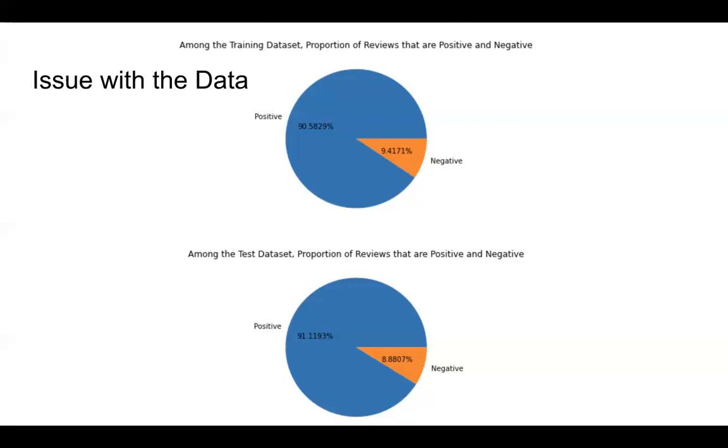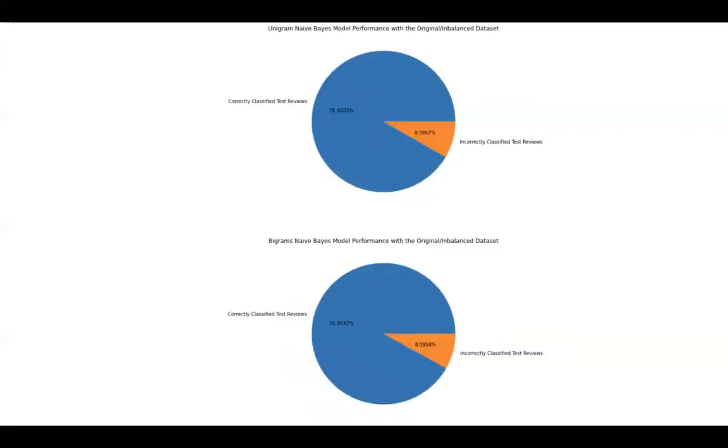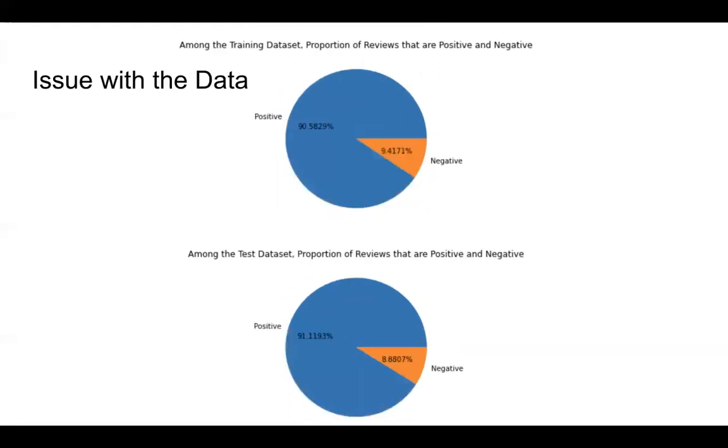That was my hypothesis. So the reason this is an issue is that when we train our naive Bayes models, the unigram and the bigram, and test them on the data set, the accuracy received is around 91% for both: 91.6% for the unigram and 91.9% for the bigram, using this original data set split halfway down.